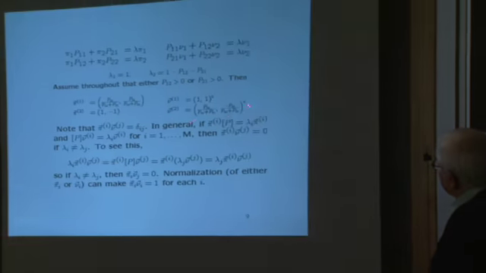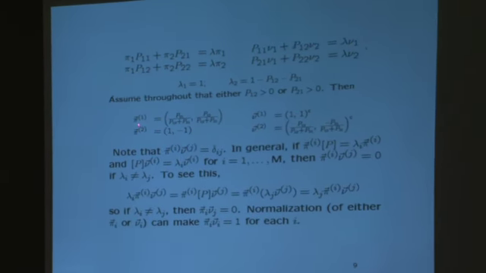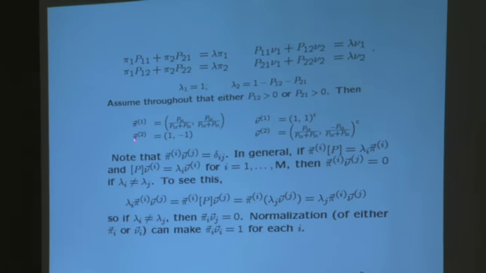Okay, so these are the two, and this is the left eigenvector for the second eigenvalue, namely the smaller eigenvalue.